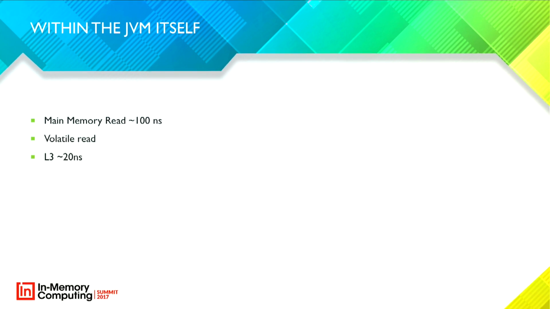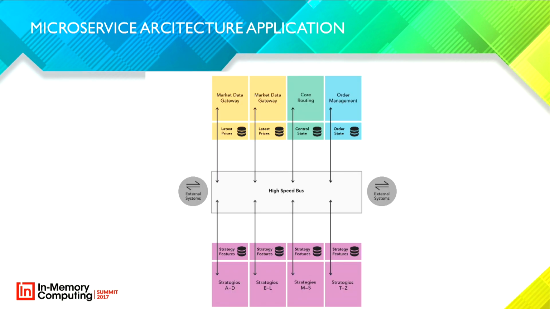Then if we're on the L3, it's 20 nanoseconds. If we're on the L2, it's 7. Level 1 is 0.5 nanoseconds. And, well, the CPU registers are already there. So here we are getting somewhere. This is the area we want to be in, if we want operations that complete in 200 nanoseconds, that are really low latency or ultra low latency.